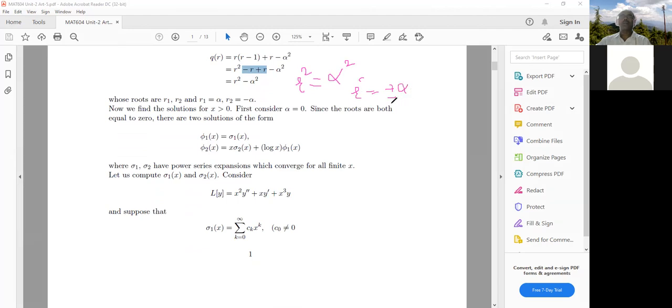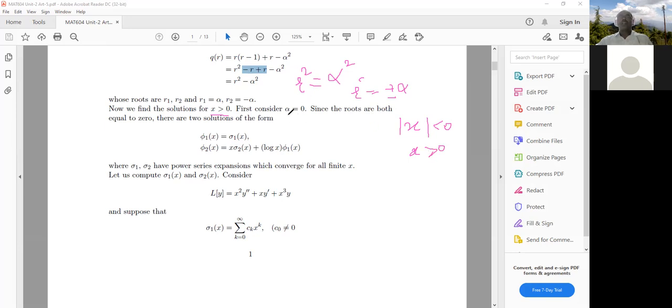And therefore we have two roots, plus alpha and minus alpha. Now we first find the solution of Bessel's equation whenever x is greater than 0, because here the region of convergence is this one, modulus of x is less than 0. So we first take the values of x which are positive. So we find the solutions in this domain.